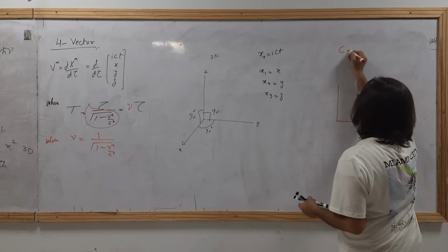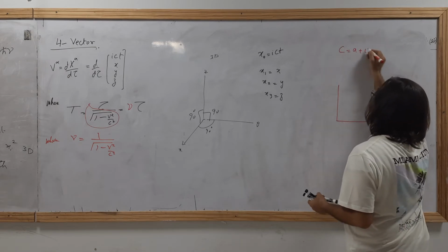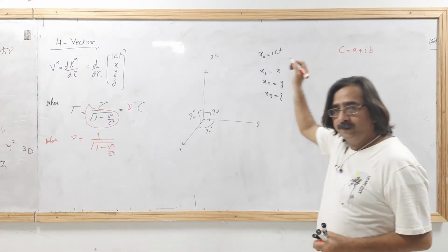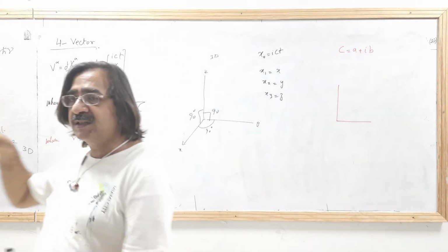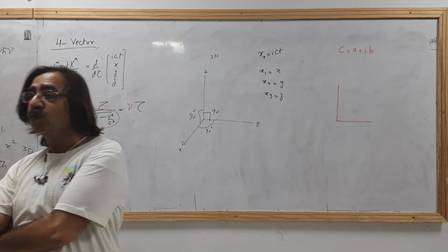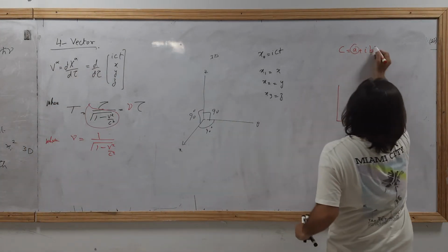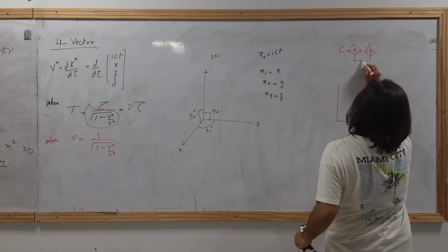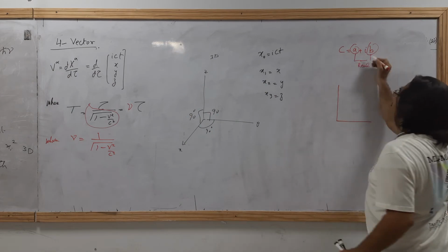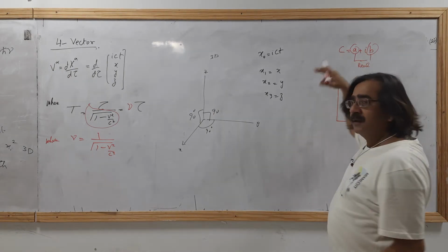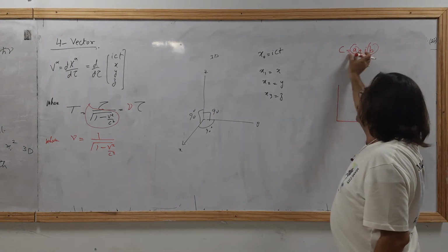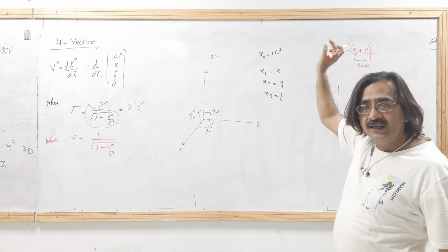If we consider a complex number, that will be a combination of two numbers. Whenever we consider a complex number, it will have two parts. Here A and B are two real numbers, but iota makes this component an imaginary number and this component a real number.